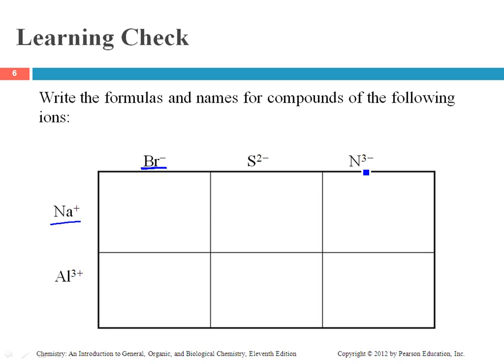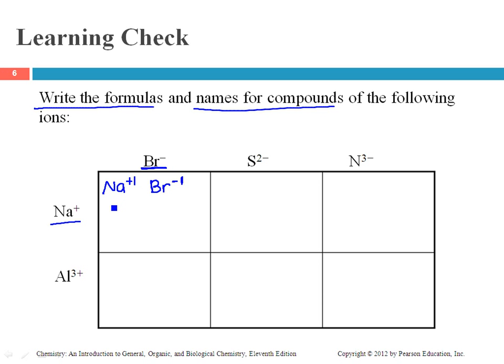Okay, so we want to write the formula and the name. Writing the formula really comes back to section 4.2. We have a +1 on our sodium, and a -1 on our bromine. Our charge is already balanced here.